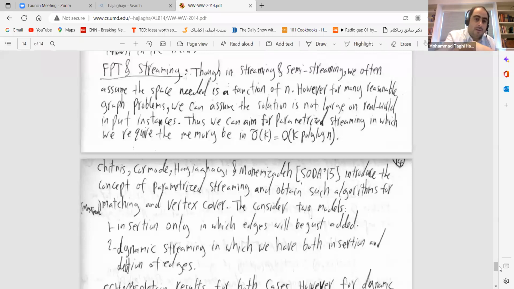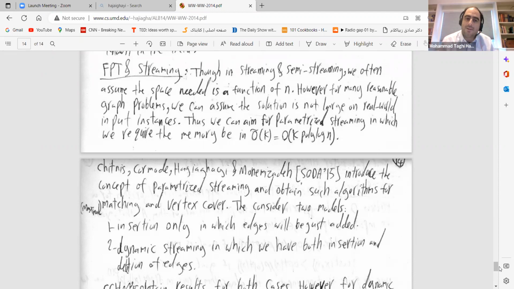So this concept of fixed parameterized streaming, what is that? It says that maybe if the size of the solution is small, then I can actually have some space which is small. This is actually the interesting thing that we have introduced.